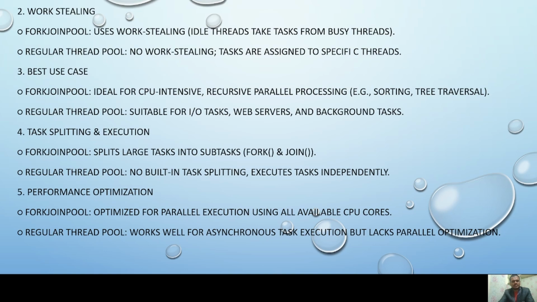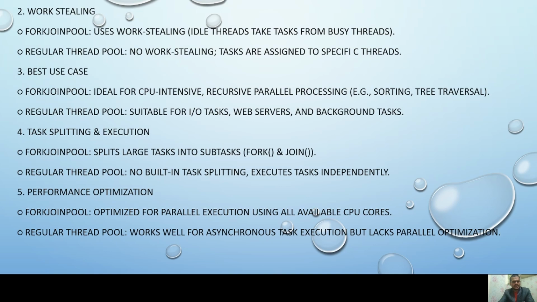A regular thread pool has no work stealing; tasks are assigned to specific threads. Best use case: ForkJoinPool is ideal for CPU-intensive recursive parallel processing, that is sorting, tree traversal. A regular thread pool is suitable for I/O tasks, web servers, and background tasks.